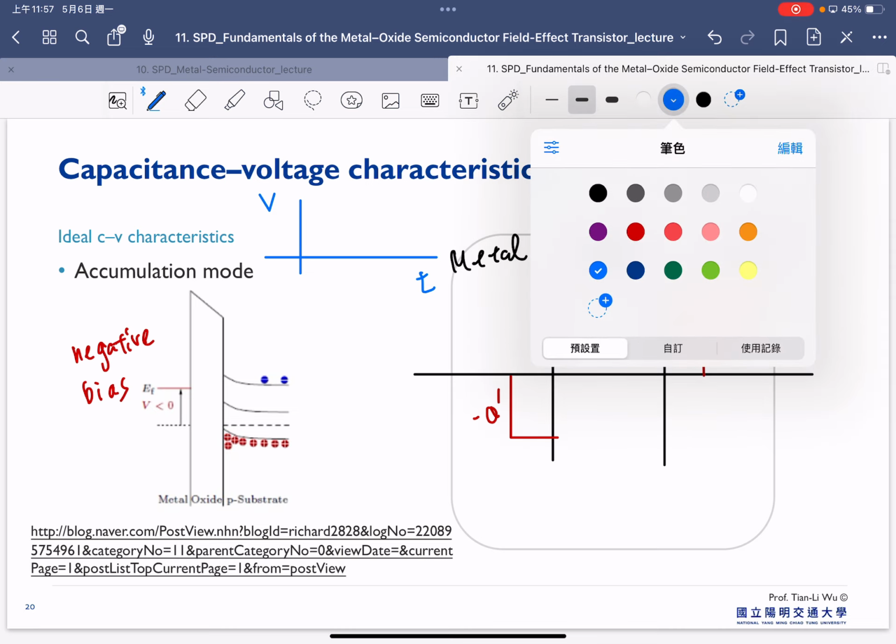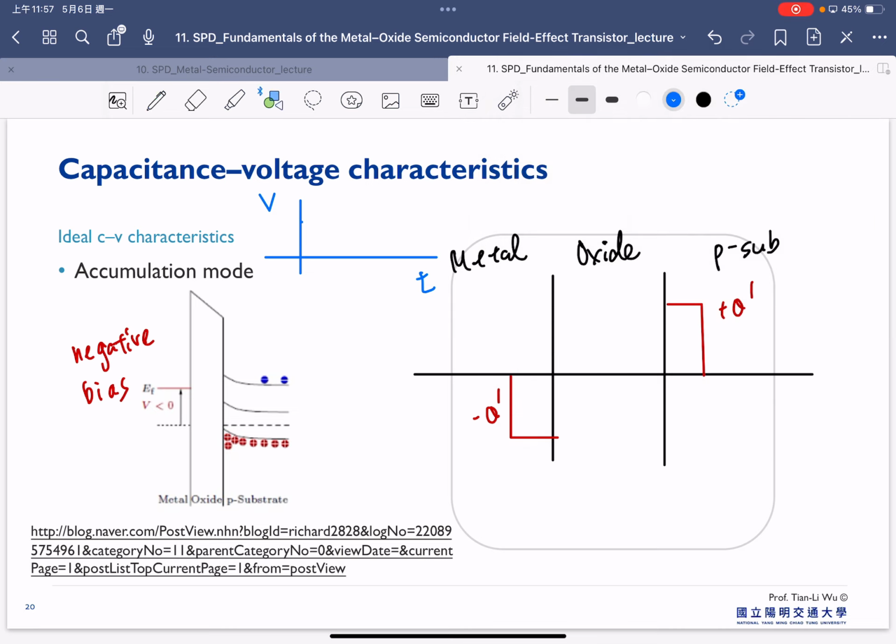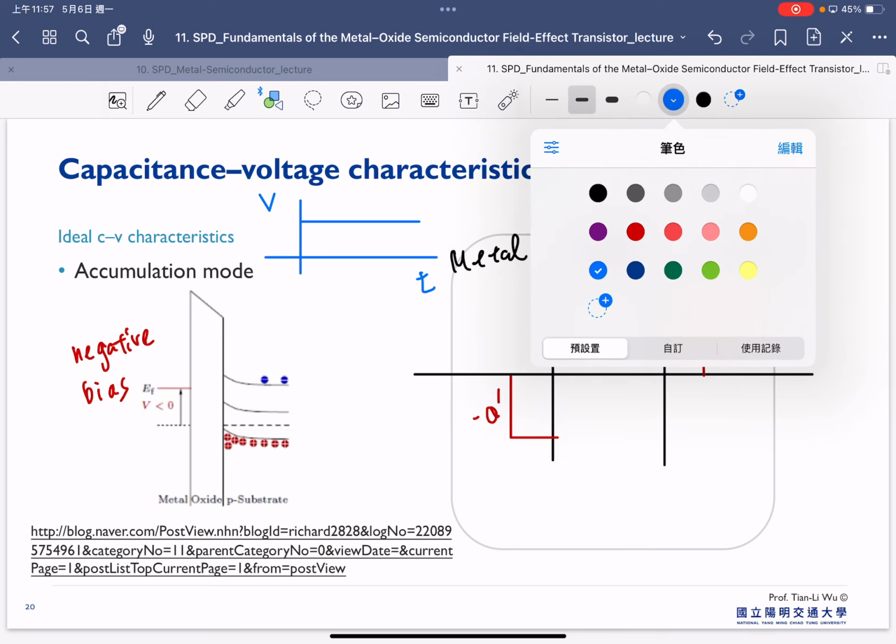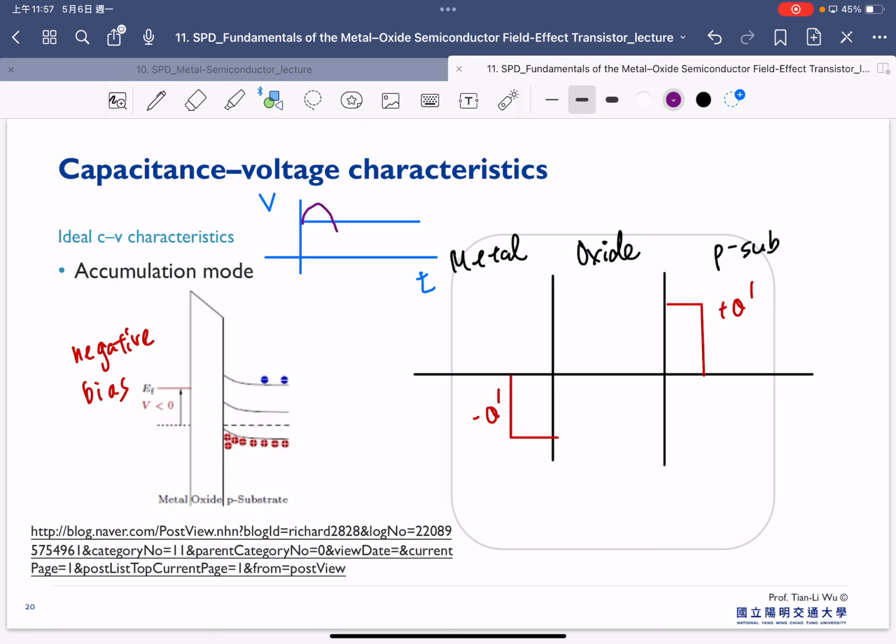So DC bias should be constant all the time with respect to time. But now, on top of DC, we also have to apply the AC signal. So we have the additional AC on top of this DC bias.